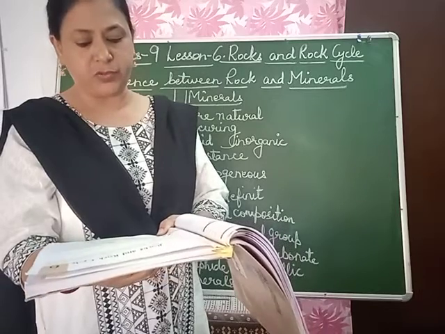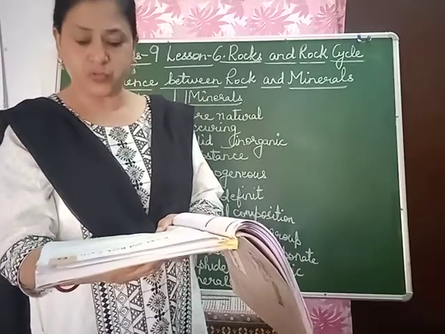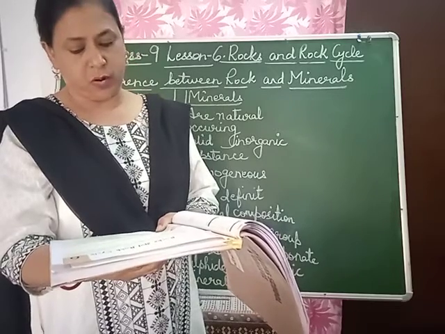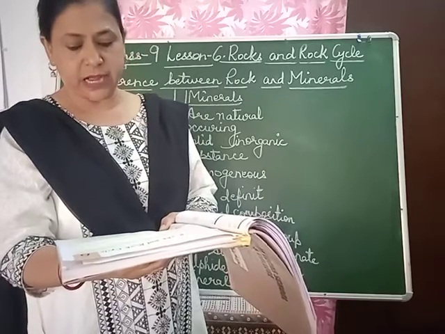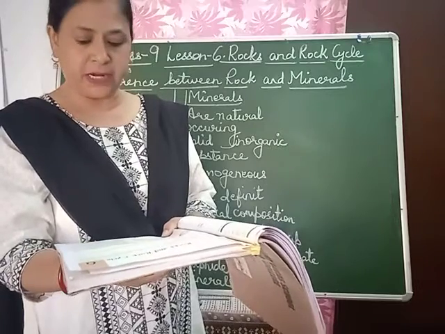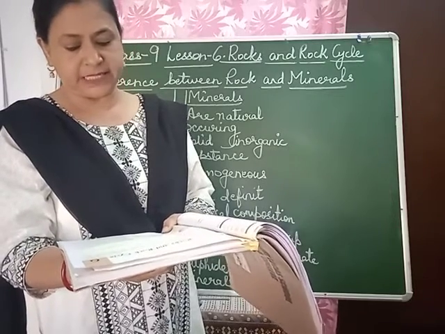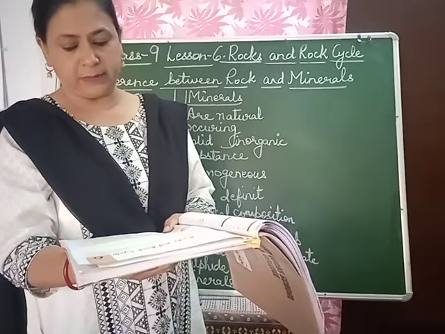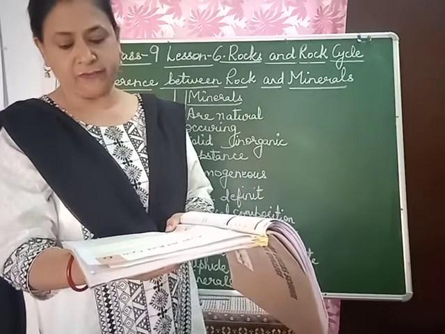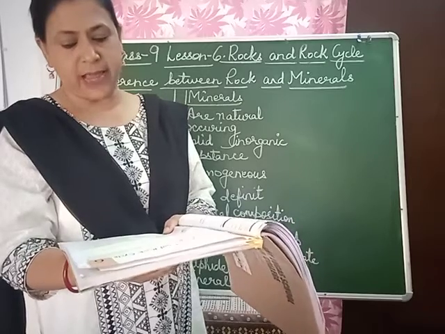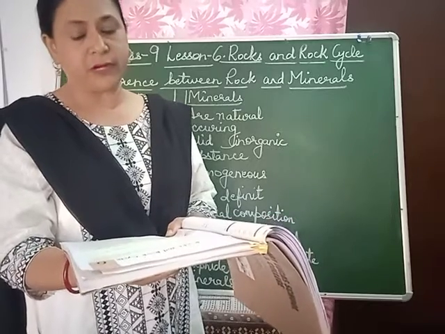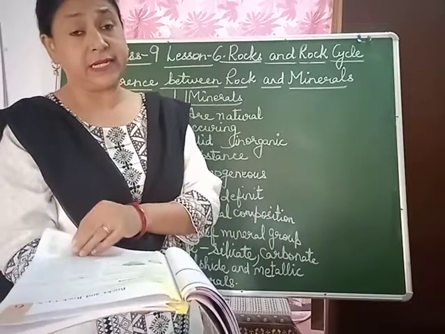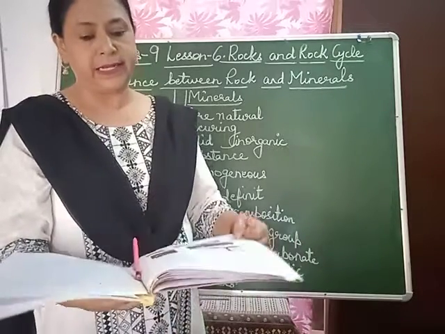Igneous rocks are divided into intrusive and extrusive, plutonic and volcanic rocks. Sedimentary rocks are again divided into three parts: mechanically formed sandstone and conglomerate, organically formed coal, limestone and chalk, and chemically formed gypsum and rock salt. Metamorphic rocks are marble and slate. We will study these rocks all in detail.